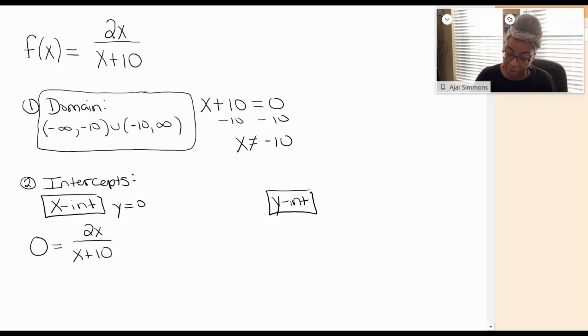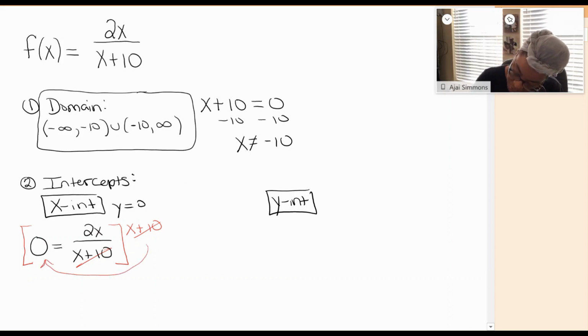And if you watched the previous video when we were trying to find the intercepts, and if you had a fraction set up like this, you had to multiply both sides by the LCD. So that's going to be my next move. I've got to get rid of the fraction, so I'm going to multiply by the LCD. If you multiply this side by the LCD, you just get 0 anyway.